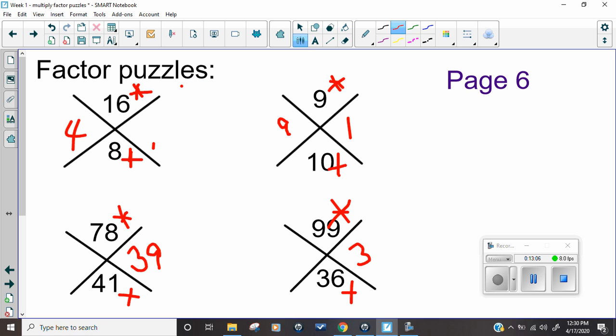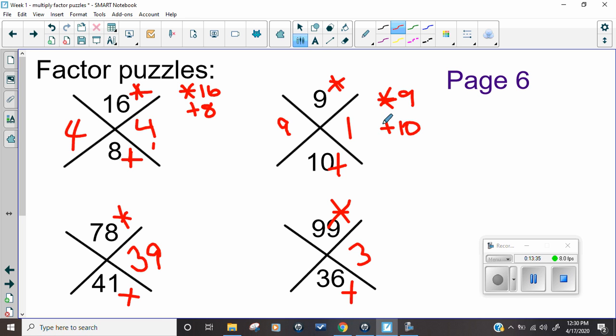You need to think what two numbers multiply to 16, but when I add them together, they add to 8. So 4 times 4 is 16, and 4 plus 4 is 8. So what two numbers multiply to 9 and add to 10?